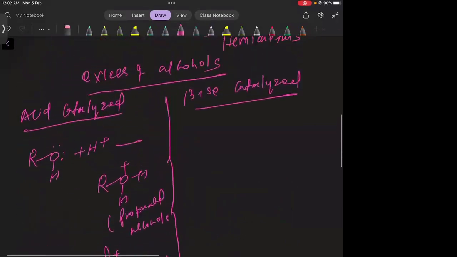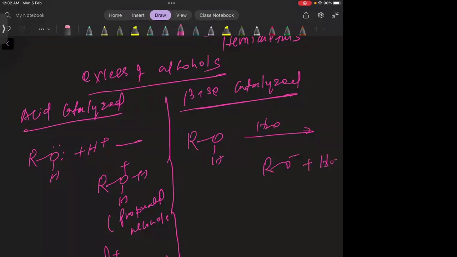Now we talk about the base catalyzed mechanism. In base catalyzed, what happens? Students, R, OH, and base catalyzed means first you bring this alcohol as a base. When we make the alcohol a base, when dissolved in water, it forms RO negative plus H3O plus hydronium ions.